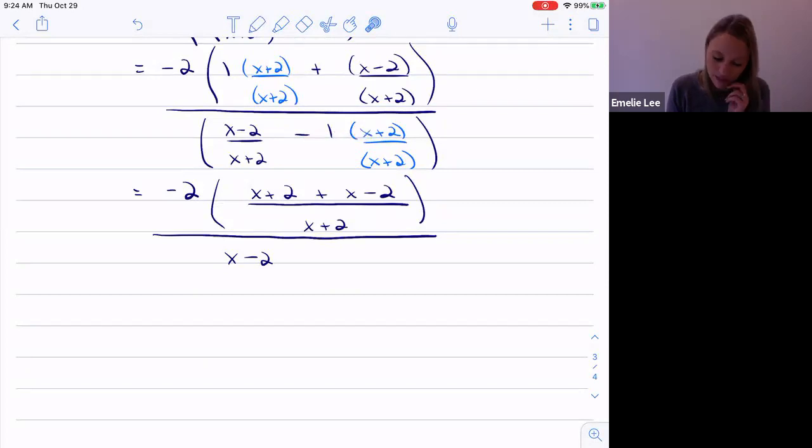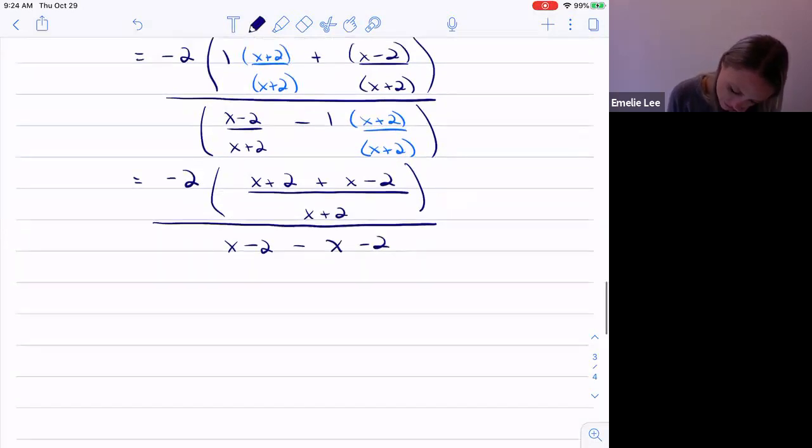So minus x minus 2, so minus x minus 2 divided by x plus 2.